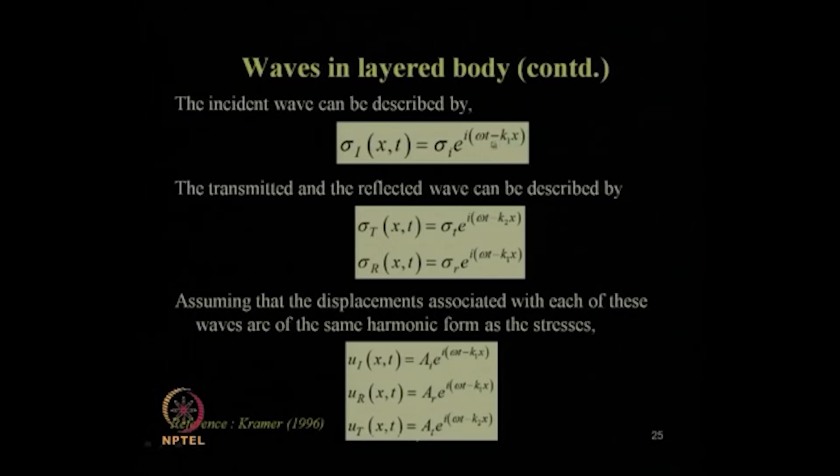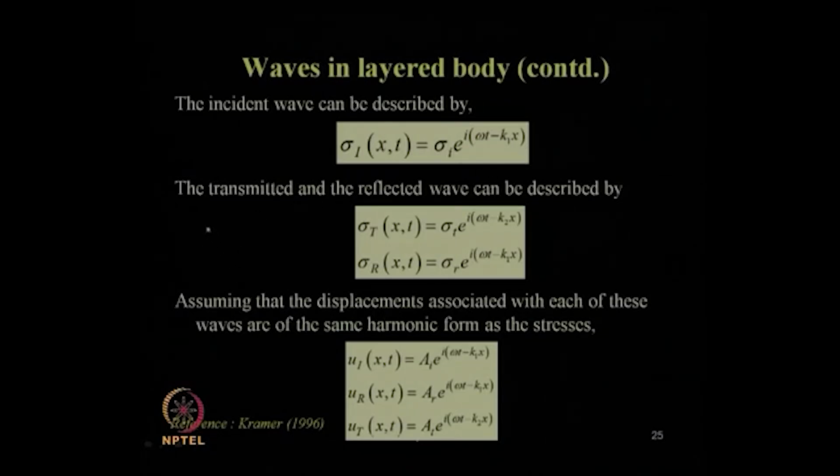Why minus? Because it is traveling in the positive x direction. We know the solution already. And why k 1 have we used? It is in material 1, so it corresponds to properties of material 1. That will be nothing but omega by V 1.